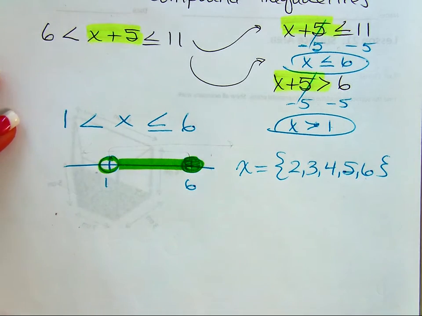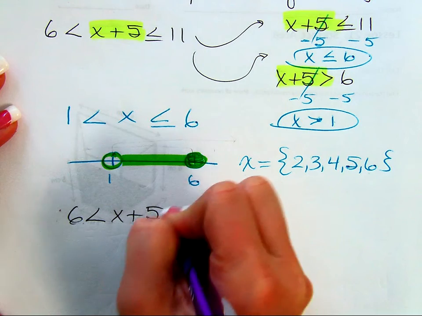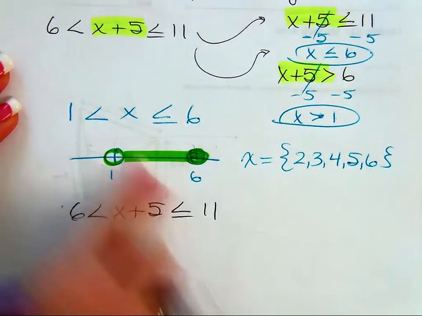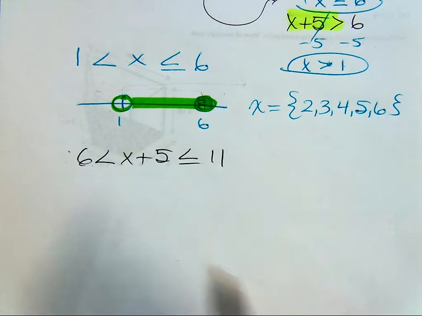Okay, well, kind of a pain in the butt. I'm going to show you a super shortcut way to do this. Instead of separating them, solving each of them, putting them back together, I'm going to have you just look at this as a three-sided inequality. Remember how we always say do this to both sides? Well, there's 3 sides now.